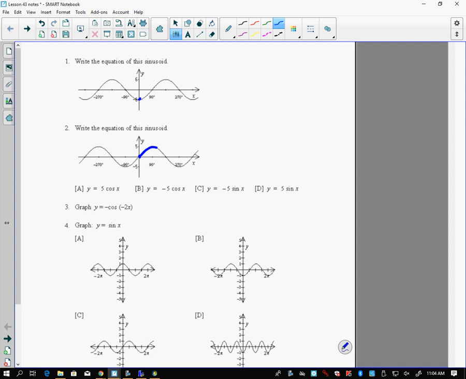It reaches a max of 5. All right? So we're saying y equals 5 sine, and then we're going to look at what, it may either use x or theta. And so we're going to look and see that says, x. So our answer is y equals 5 sine x.